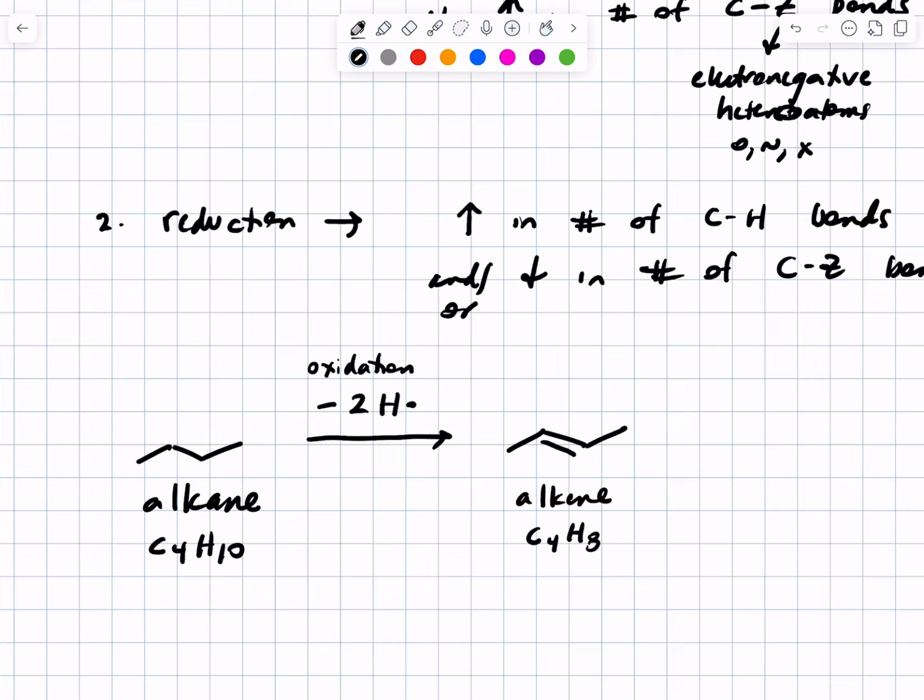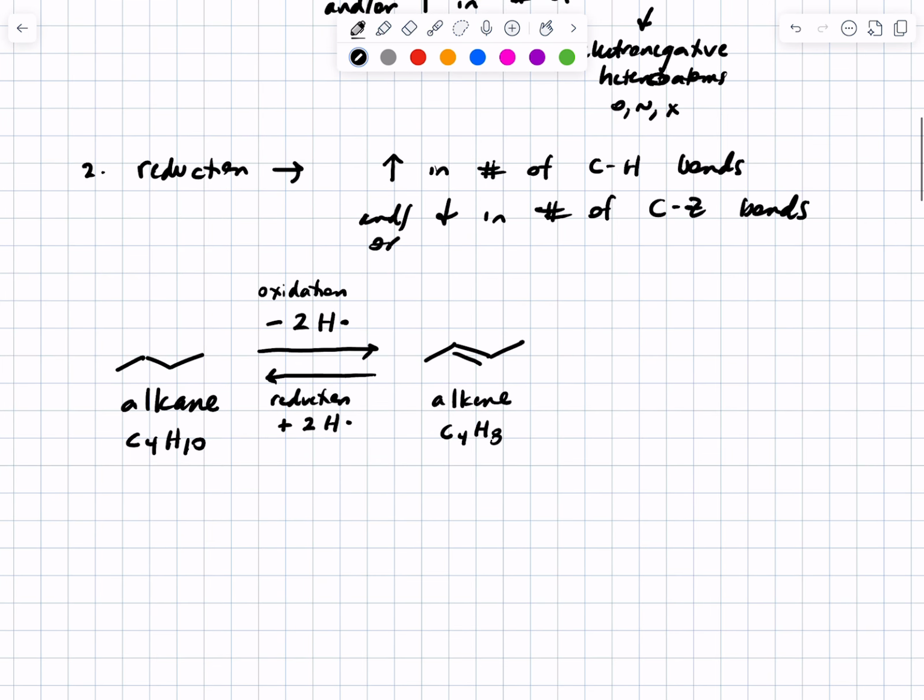But today we will learn the reduction reaction, where you can convert an alkene into an alkane by adding hydrogen, and we'll call that a reduction reaction. So alkenes or olefins are oxidized relative to alkanes.